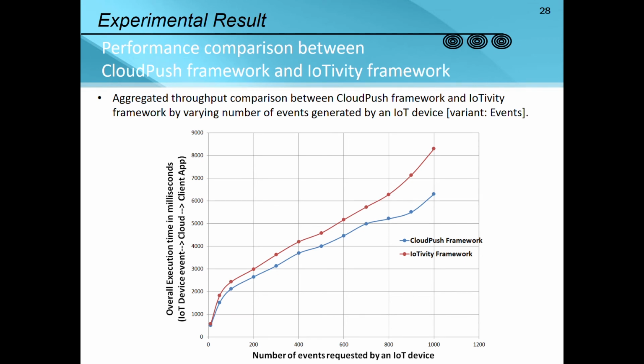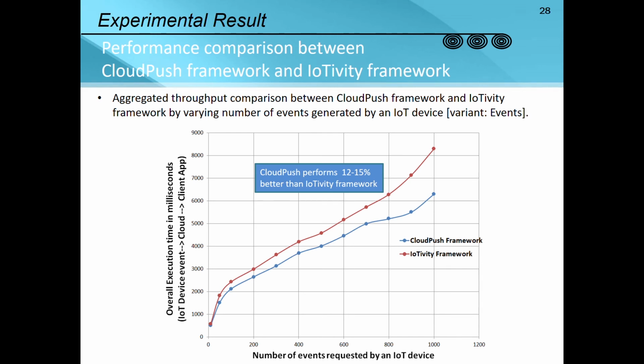We observe that the overall execution time of IoT device generated events in the CloudPush framework is 12 to 15% better than the IoT framework, shown in this picture.